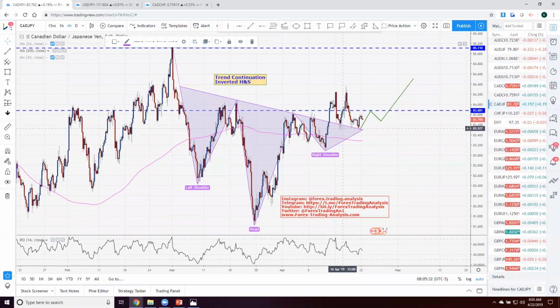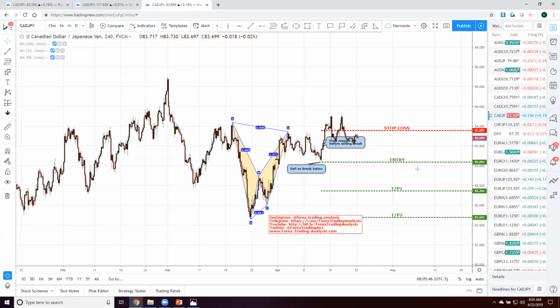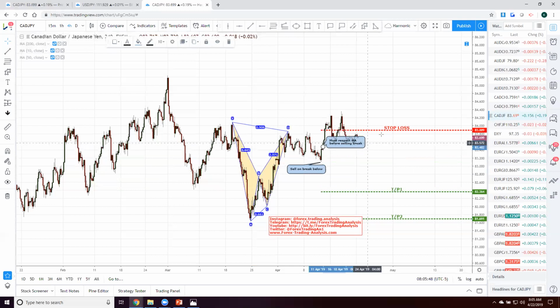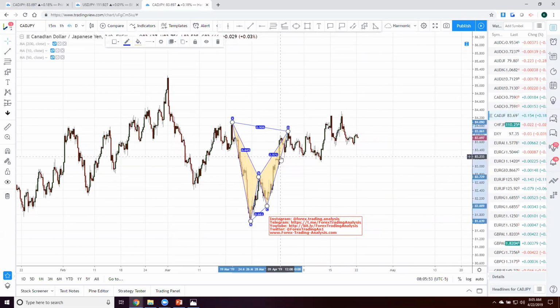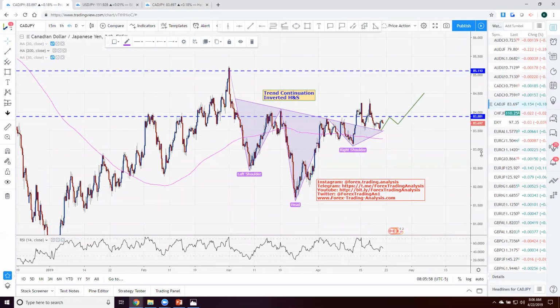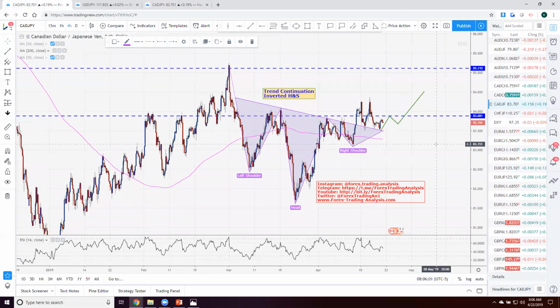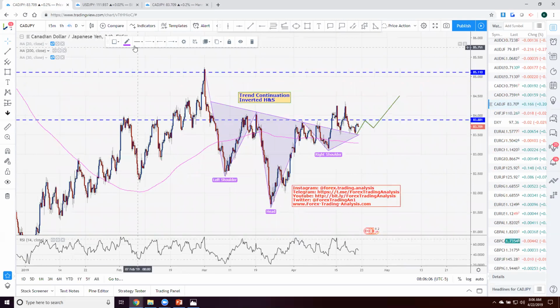Head yen, another pair that we have been in. So we were in long. This is an old setup.